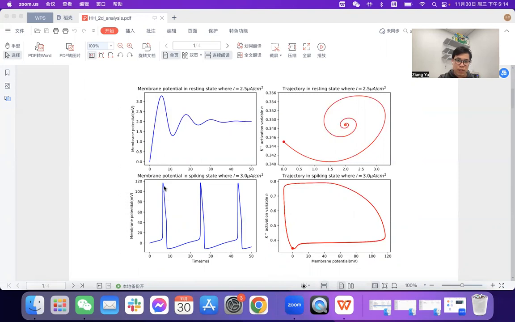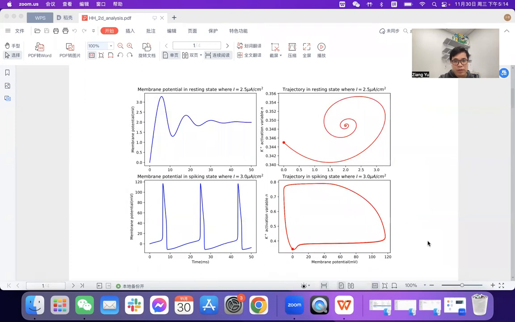The peak membrane potential is about 120 volts. Since the solution is periodic, we can see a limit cycle in the phase plane over here. The red dot here represents the initial point. It doesn't make any difference.